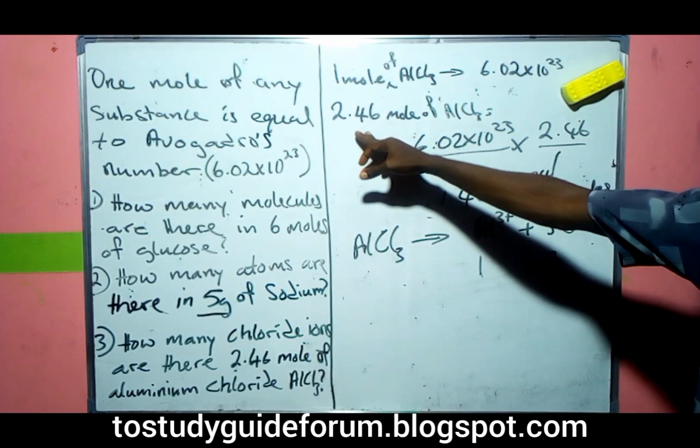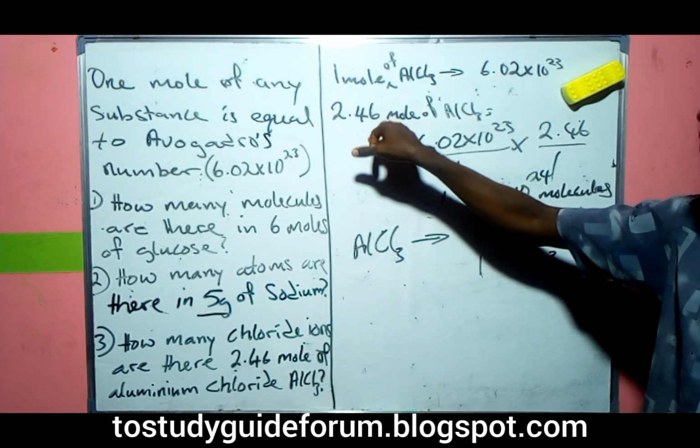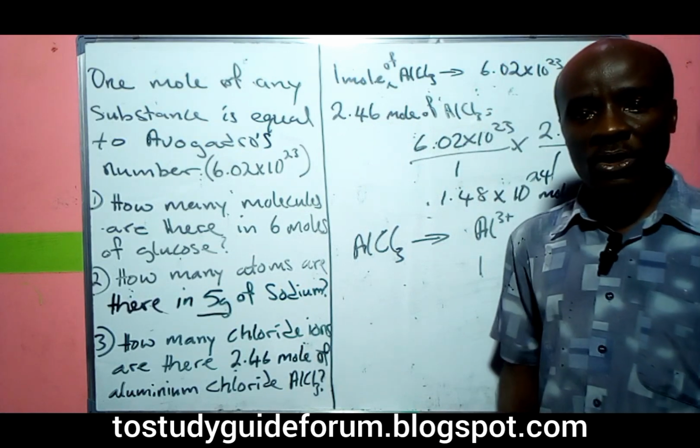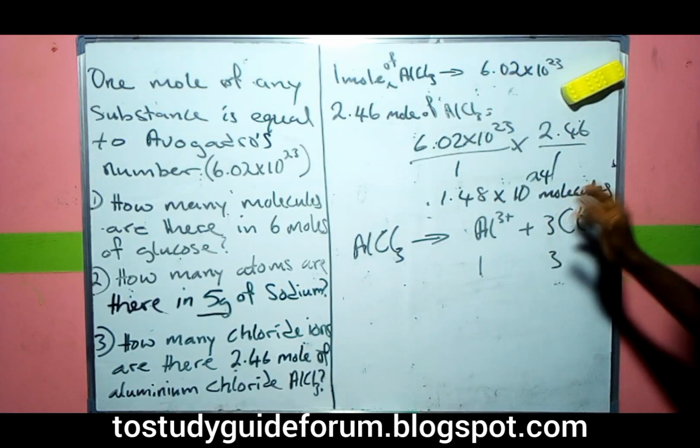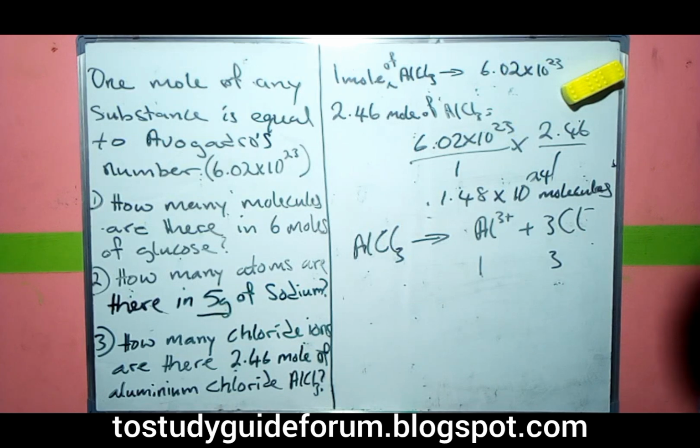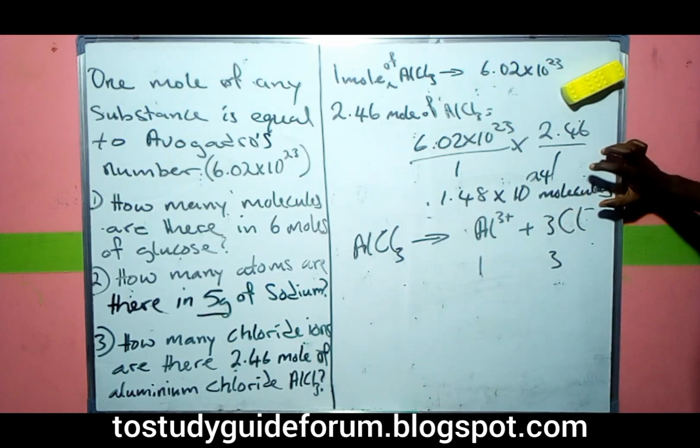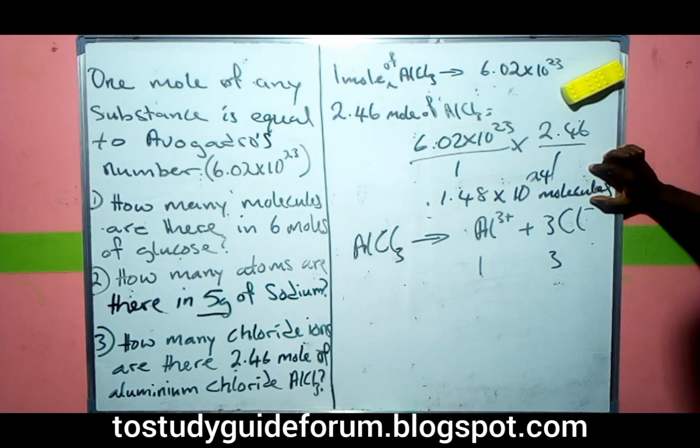Now in this place, 2.46 moles of aluminium compound contains 1.48 times 10 raised to the power 24 molecules.